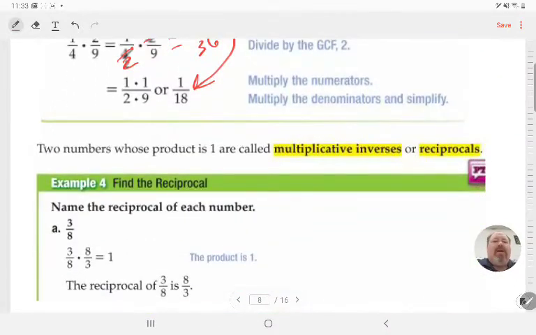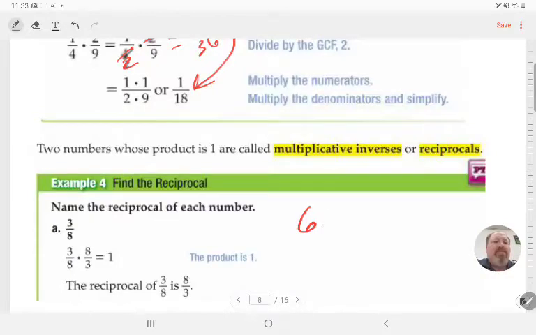Okay? Two numbers whose product is 1 are called multiplicative inverses or reciprocals. So for example, if I have 3/8, a number that would multiply together to equal 1 would be 8/3, okay? Because if I multiply those across, it would be 24 over 24, which would equal 1. So its reciprocal would be 8/3. For example, if I have 6, what is its reciprocal?